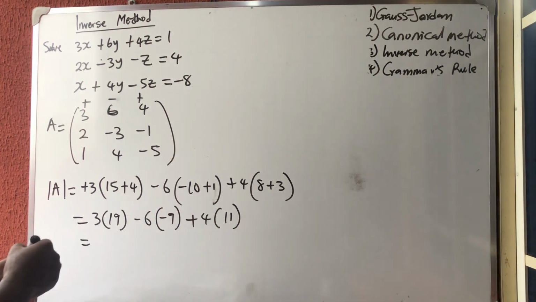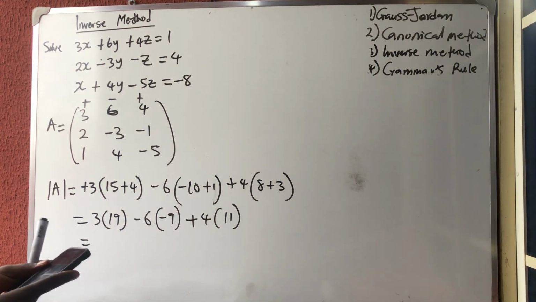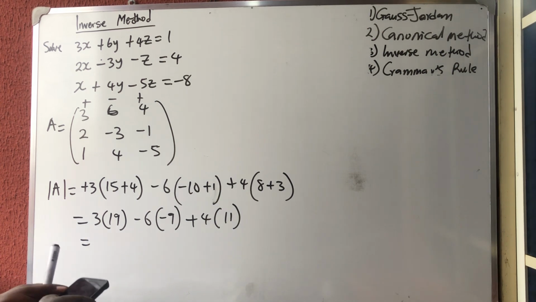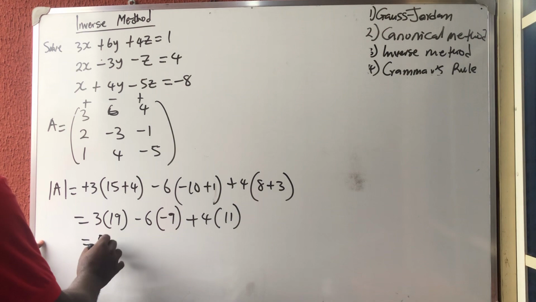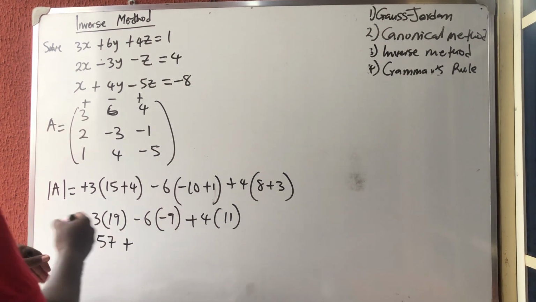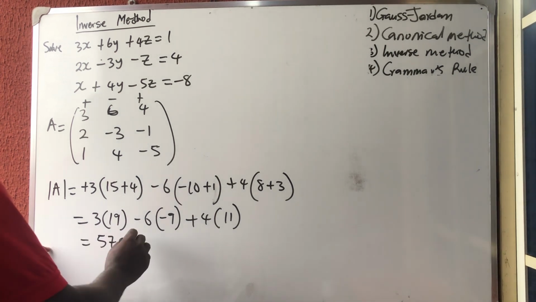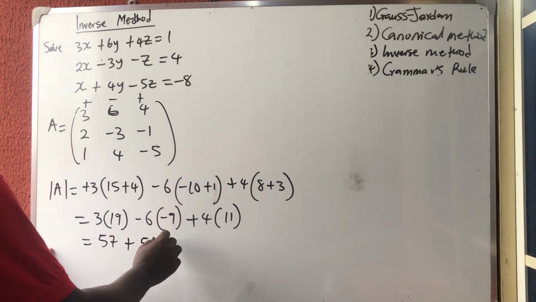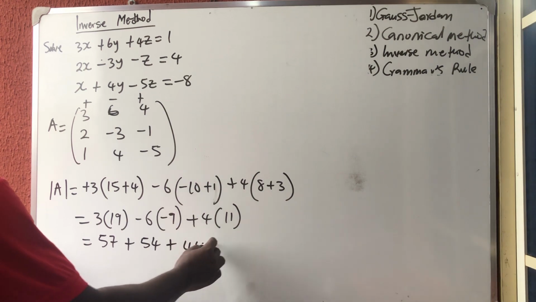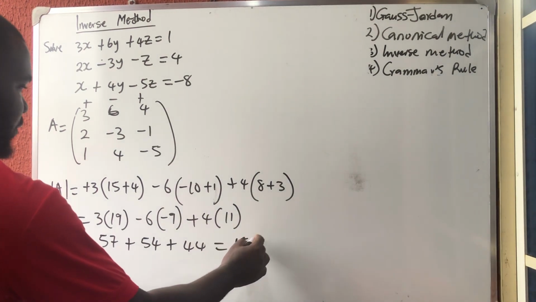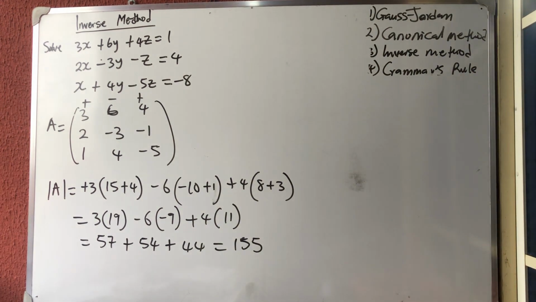So it's now 3 times 19, I'm having 57, plus 6 times 9, 54, plus 44. Plus 57. So I'm having 155. Okay, the determinant is 155.